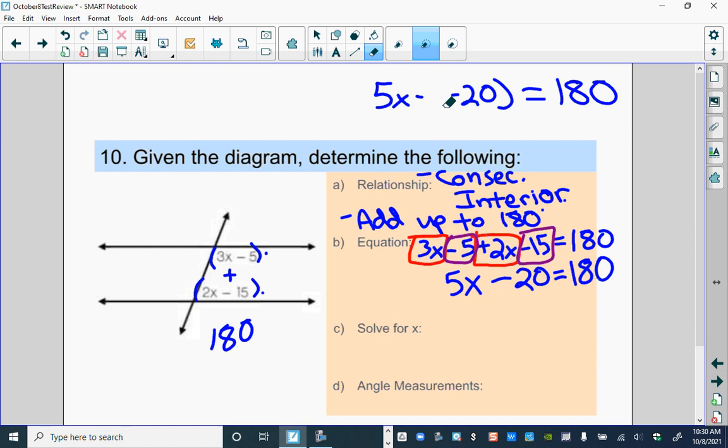Okay, I see what you're saying. Technically it's the same, we just have to be careful. If we solve it correctly, up here we have plus negative 20. Now, we would subtract negative 20.